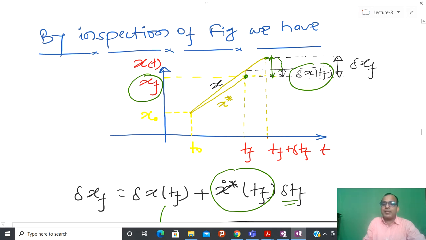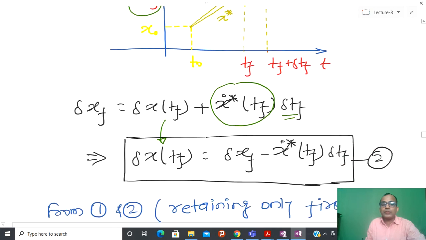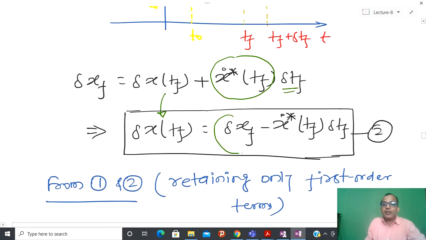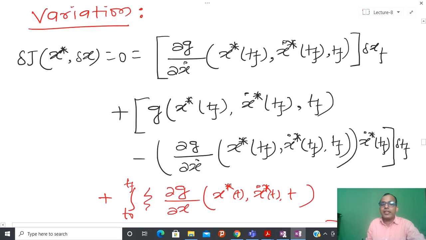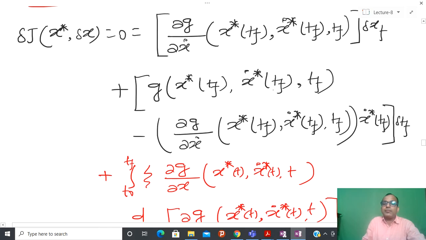If you remember the previous class, this vertical shifting we defined as 0, and due to that reason this particular term is 0 in the type 3 problem when xf is fixed. But now delta xf also comes into picture. Now if I substitute delta xtf in equation 1, then the variation can be defined like this.